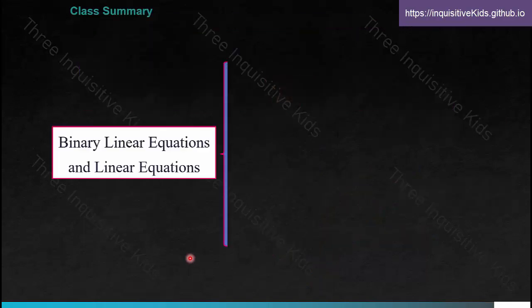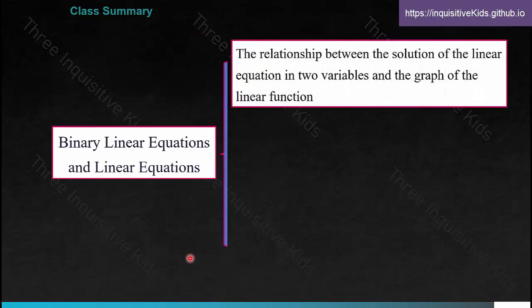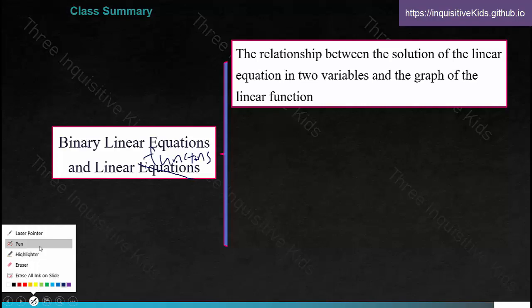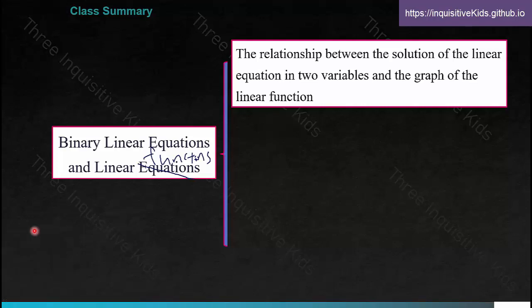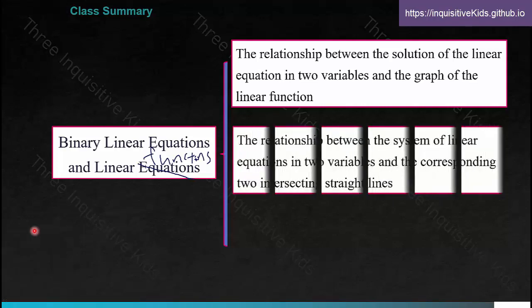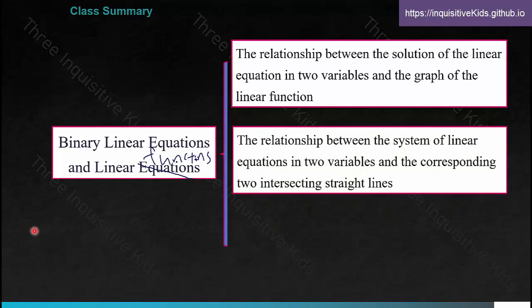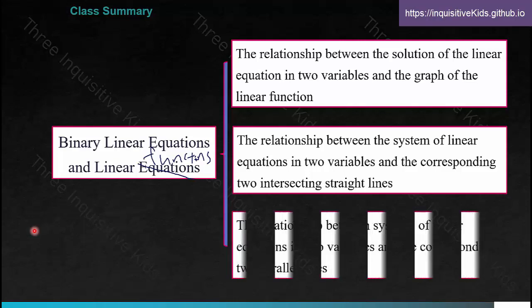Class summary. Learn about the relationships between binary linear equations and linear functions. We learn about the relationship between the solution to the system of equations and the graph of the linear equation. We learn about the relationship between the system of equations in two variables and their corresponding two intersecting straight lines.